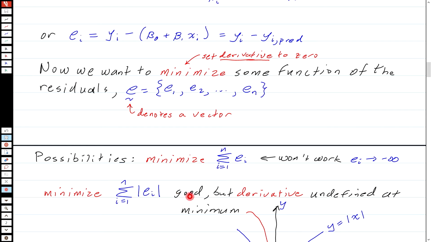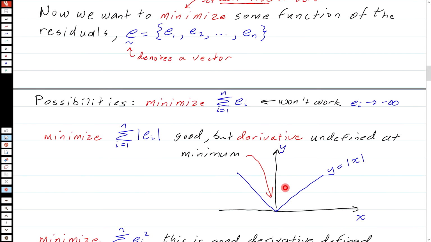This is actually a good approach, but the problem is that the derivative is undefined at the minimum of the absolute value. If you think about the shape of y equals absolute value of x, it's that familiar V shape. The derivative on this side is -1, and on this side is +1. It is never equal to 0.